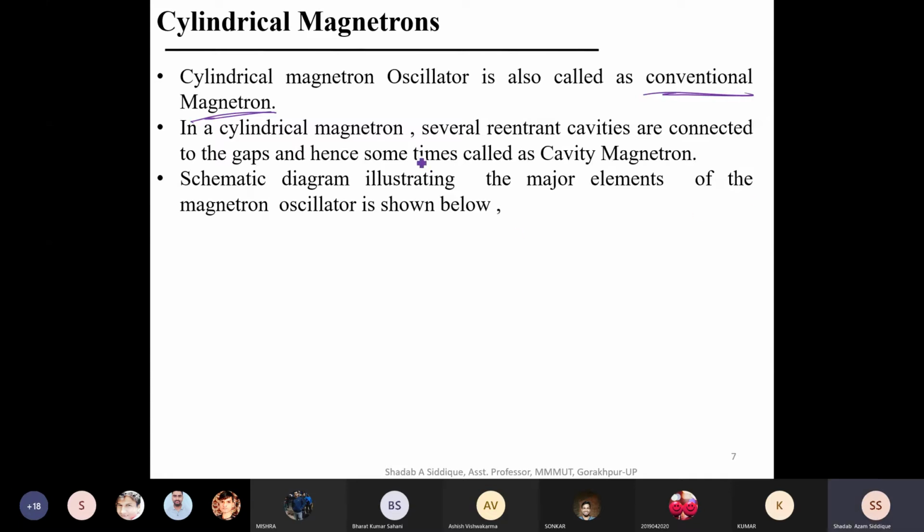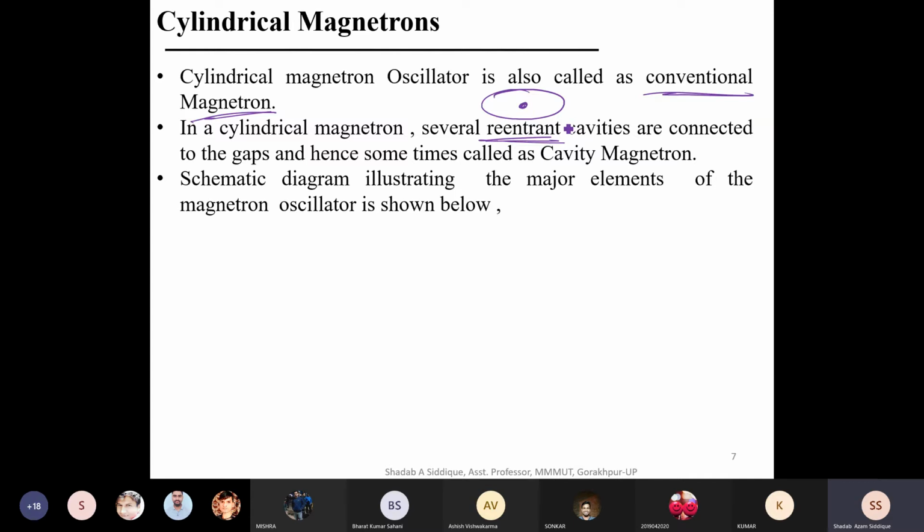And in the cylindrical magnetron, we have several reentrant cavities. So what are reentrant cavities? See, we have an anode, and in the center we have a cathode.